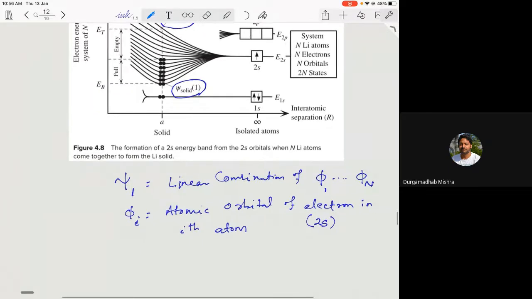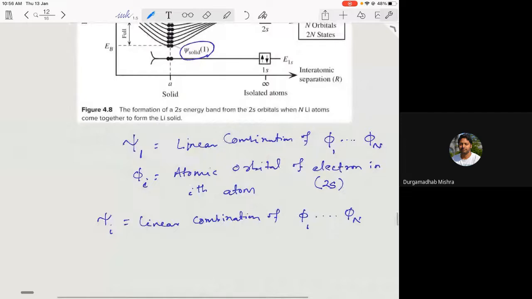So you will have a molecular orbital due to a linear combination of phi 1 to phi n. So now what we are saying is the electron doesn't belong to any particular atom, rather it belongs to the solid.